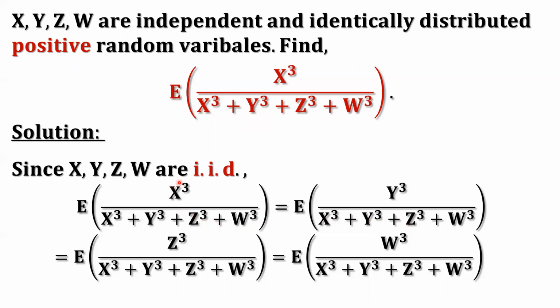The only difference you can see here is the numerator: x to the power 3, y to the power 3, z to the power 3, w to the power 3. Because they have the same distribution and are independent and identically distributed, the four pieces are equal.